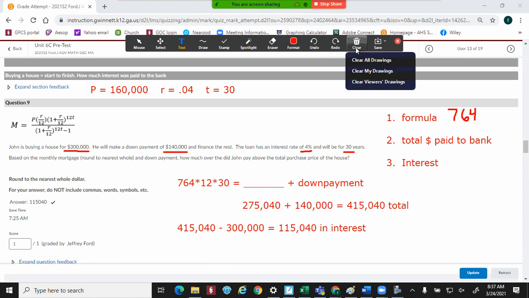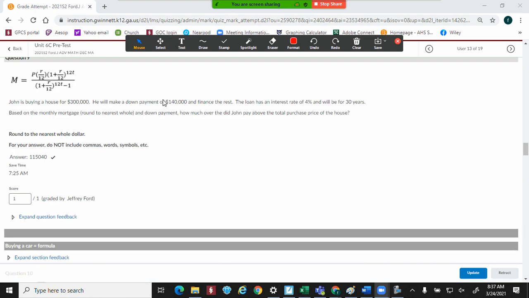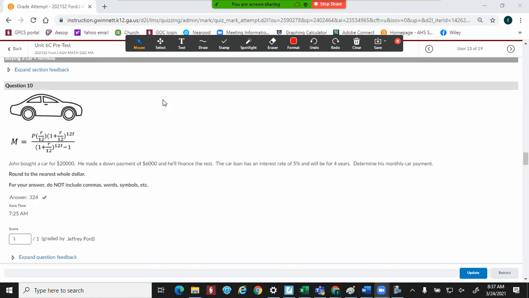All right. Question number 10. So John bought a car for 20,000. He made a down payment of 6,000 and financed the rest. So determine the monthly car payment. We're using again the house mortgage payment formula, but it's very similar to what we've done already. This is now the third time.